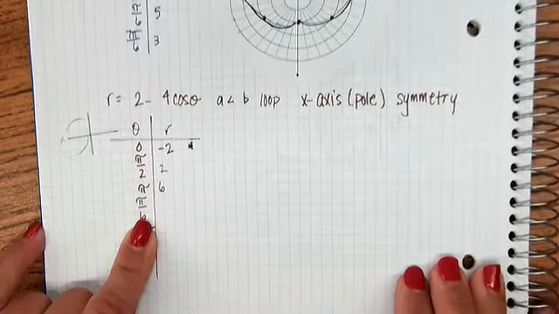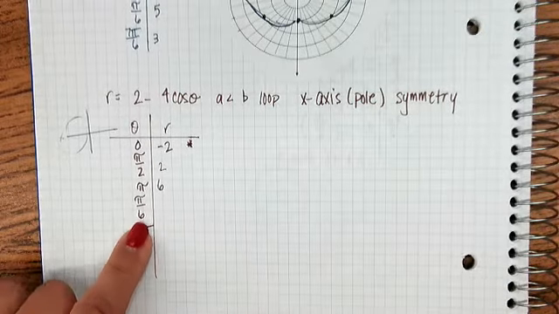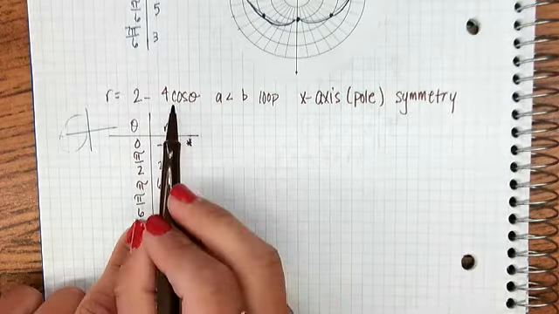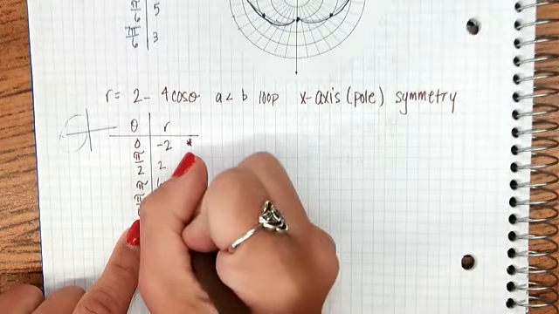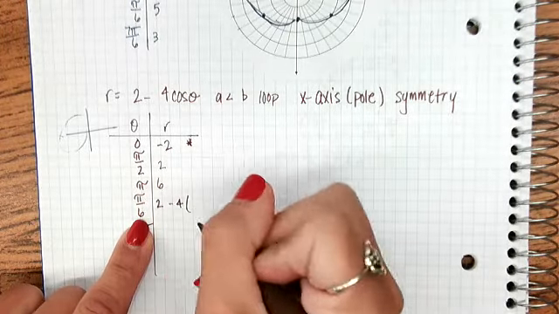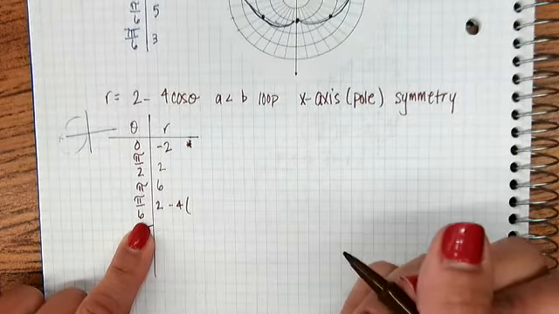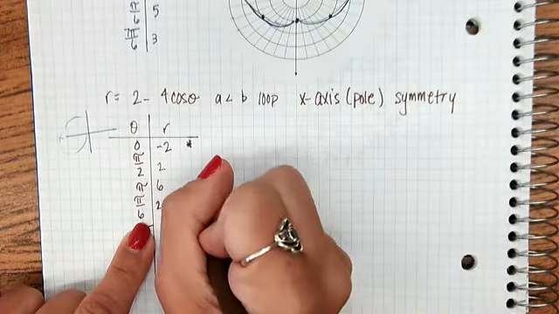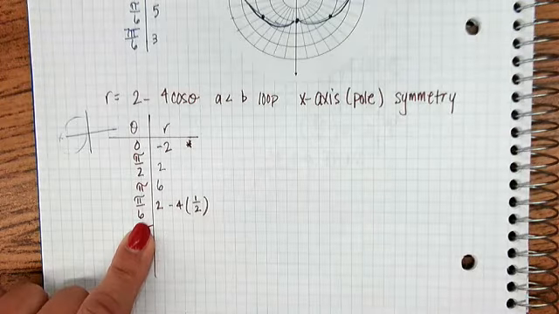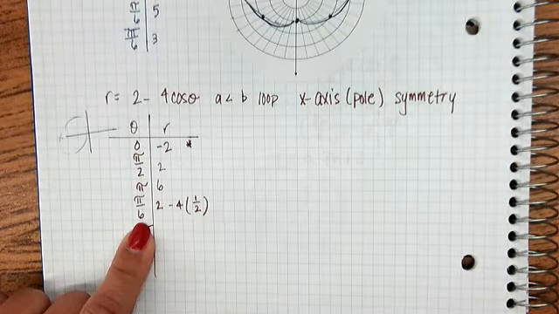Pi over 6, the cosine of pi over 6. I'll write it out, maybe doing it off the top of your head, maybe I'm doing this too fast. This is 1/2. That's not right.